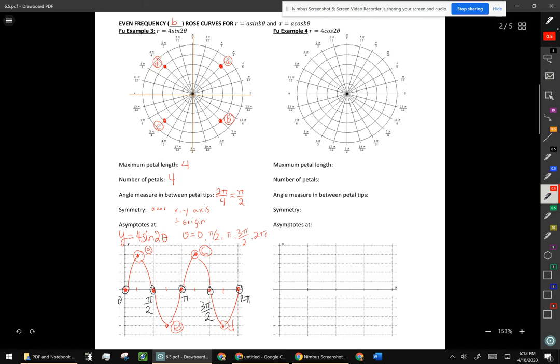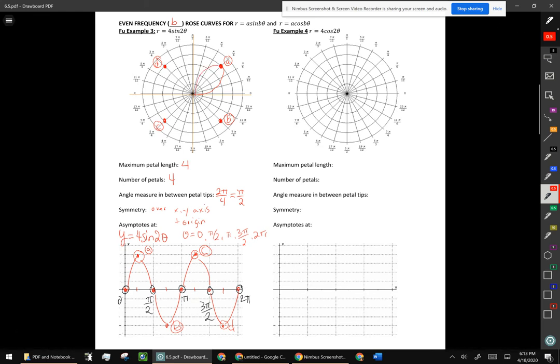Now, what's interesting is the way it's drawn. Because remember how I said that little crumpled piece of paper thing I did? The order is not the same. Well, this is how it goes. So try to follow along here. When I first do this, 0 is at the pole, pi over 2 is at the pole. So between 0 and pi over 2, between here and here, I need to go to its maximum and back to the pole.